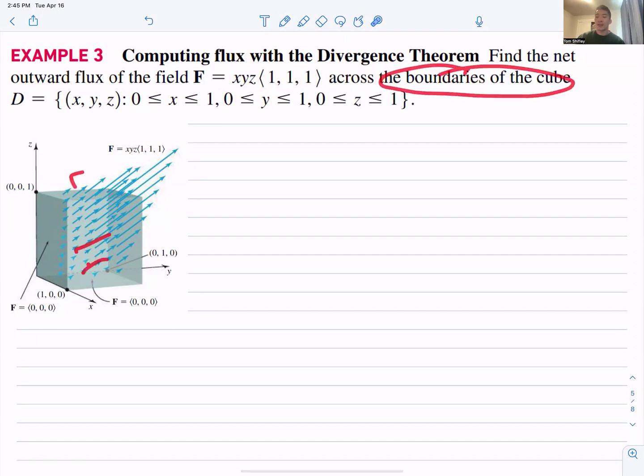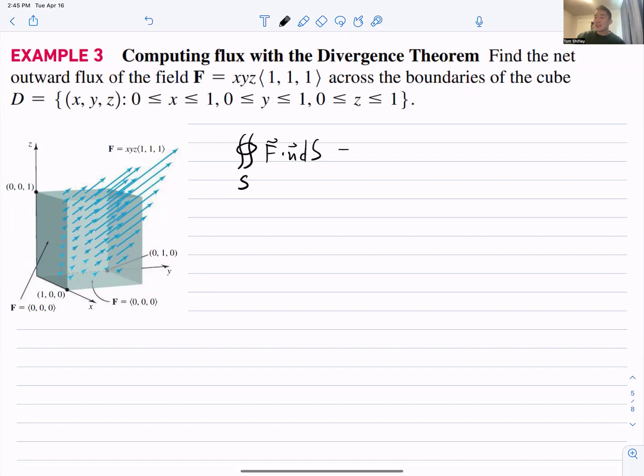And the idea is that if I wanted to compute the outward-facing flux across the boundary of the entire cube, I would have to compute the flux out of 6 different surfaces. So if I wanted to compute this double integral over S of f dot n dS, I would have to do the integral over 6 boundary surfaces.